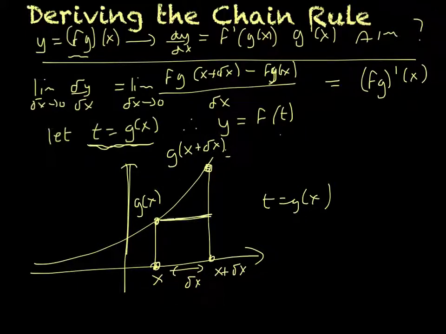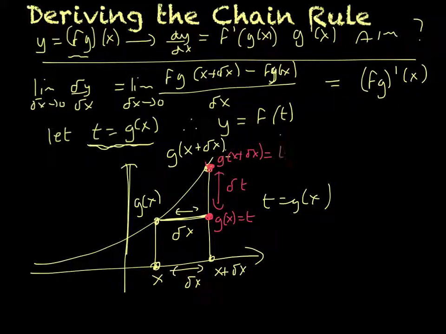Notice on this triangle we have delta x across here, but also, and what's different conceptually, we have a delta t as well. We're going a short distance away on the x, but that has a corresponding distance away on our t. So this point here is g(x), which we've already said is t, and this point here, which is g(x plus delta x), is now t plus delta t.